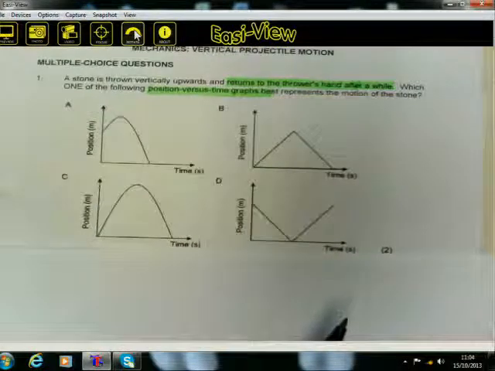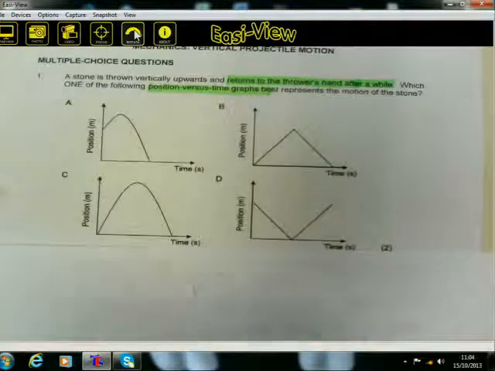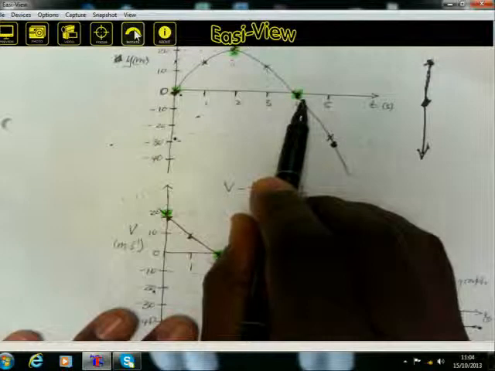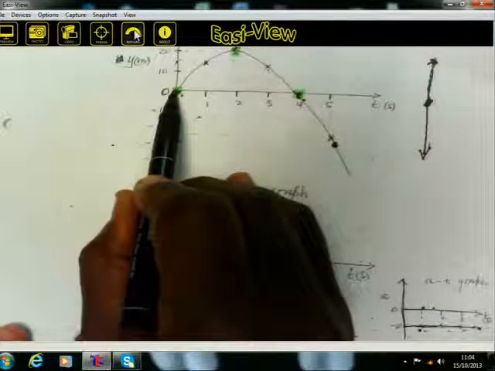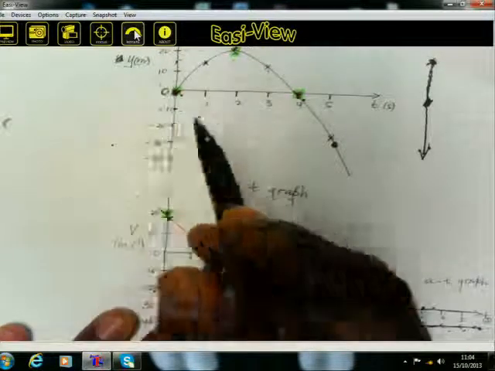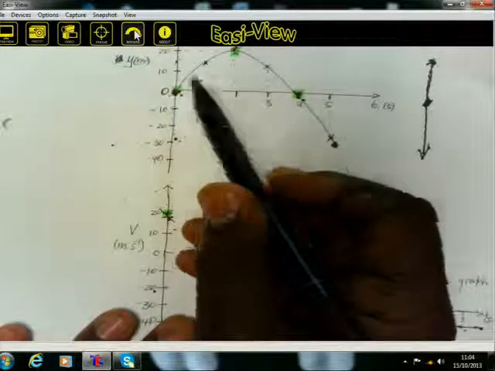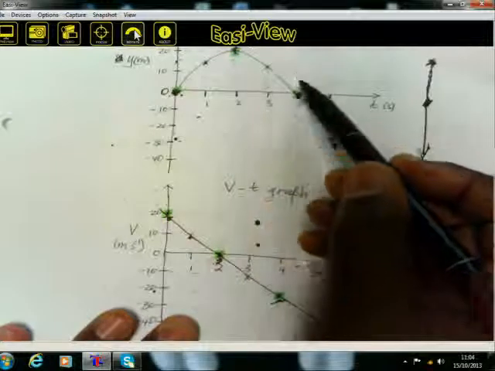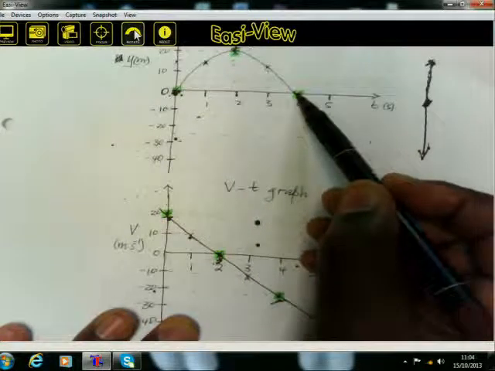Now if I go back to the graph that we drew, our position time graph says we start at that position, the object is projected upwards, it reaches a maximum height there, and then it goes back to its original position.